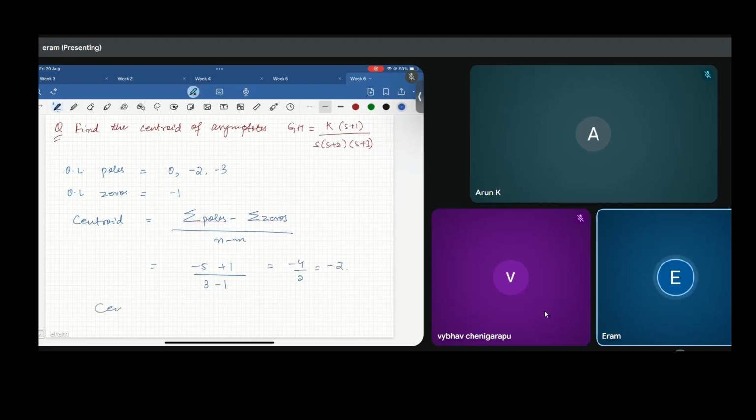So the centroid is at -2, 0 location. Okay, very simple.